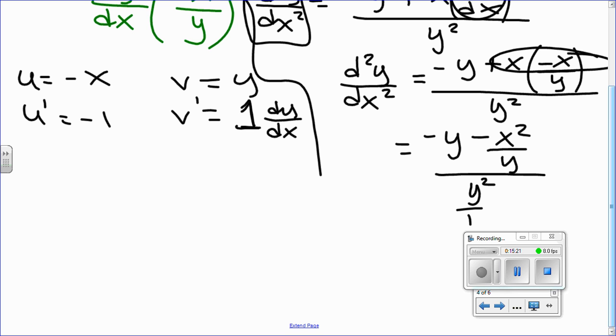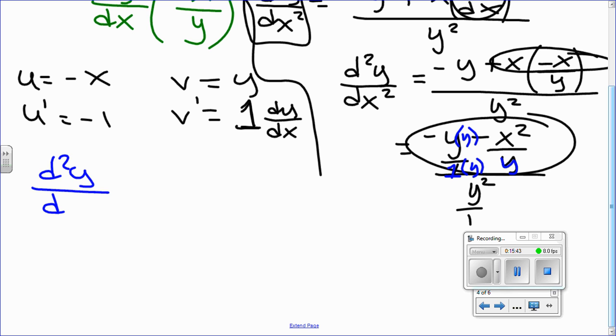So what I'm going to do here is put these two quantities together. This one has a denominator of 1, so I need to multiply top and bottom by what? I want this one to turn into y over y, so bottom and top. That's going to give me minus x squared, right?